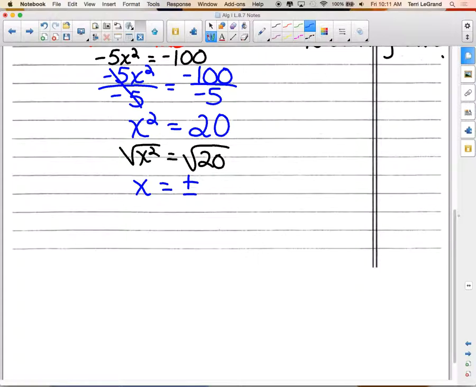And since 20 isn't a perfect square, we ask ourselves, can we find a perfect square factor? Now, let me give you a little warning here. Not always can we find a perfect square that goes into what we call the radicand, the 20. Like 15. Would 15 have a perfect square factor? No. 3, 5, no. So sometimes you can't, and this is where it would stop.